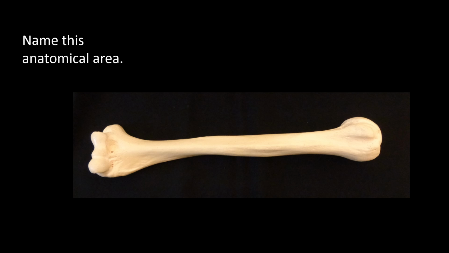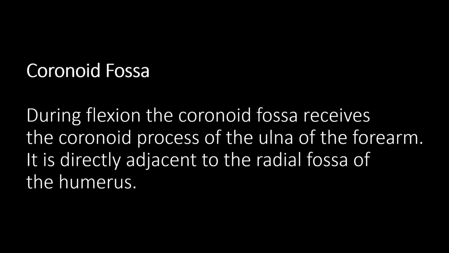Name this anatomical area. Coronoid fossa. During flexion, the coronoid fossa receives the coronoid process of the ulna of the forearm.